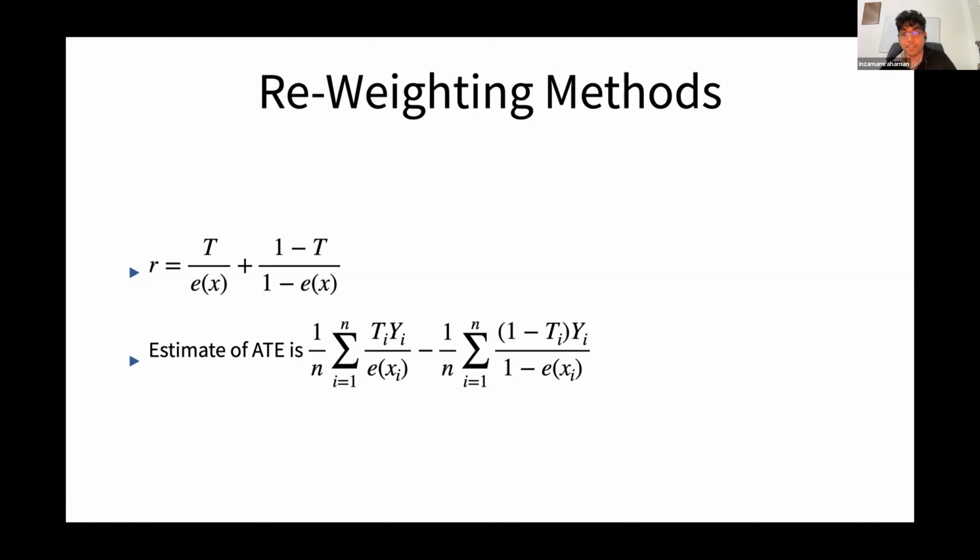Remember, we're assuming positivity here as well, right? So you can't have a probability of 0. If you have a probability of 0, this obviously would not work because you'd have division by 0. But remember that as e grows smaller, it causes the overall result to become larger, right? So it weighs those samples greater because they're more rare in terms of estimating the ATE.